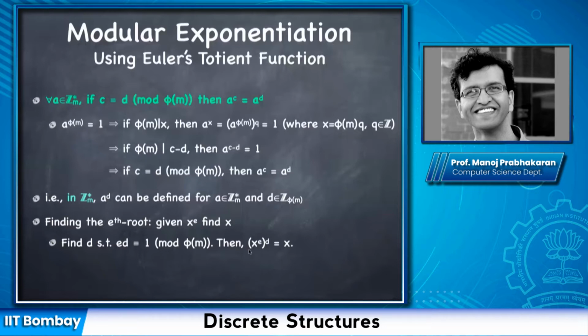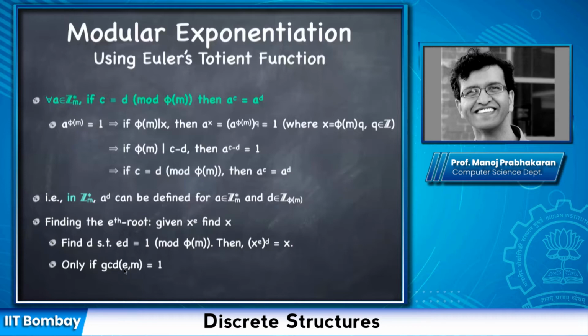of any given element in Zm star, provided I have such a d such that e times d is 1 in Z phi m. Now that may not always exist, so this idea will work only if the e you gave me has a multiplicative inverse in Z phi m.